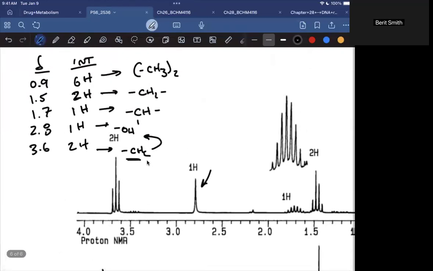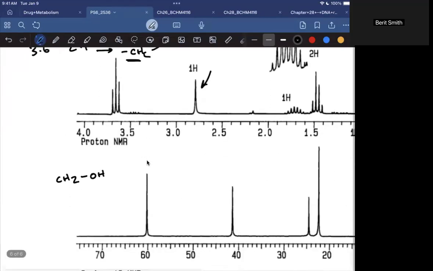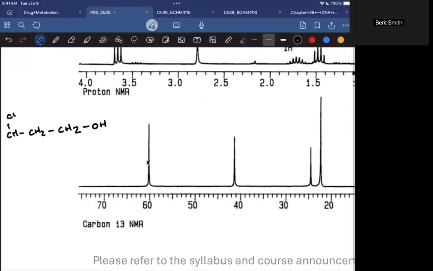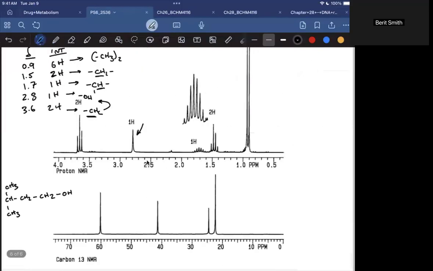And then all we have left over is this middle piece, the CH, and then the CH2 over here. These 2 methyls we know are going to be on the end. So I'm going to put my CH2 here, and then CH, CH3, CH3.